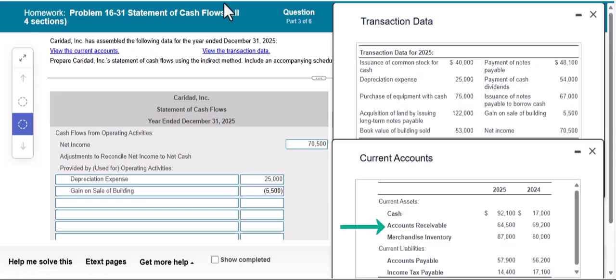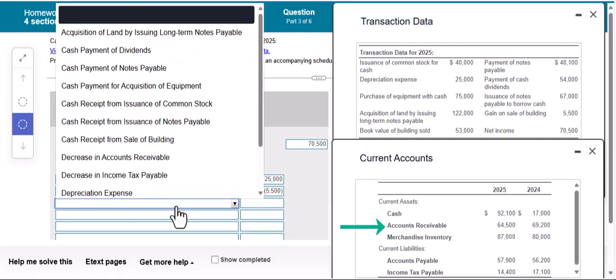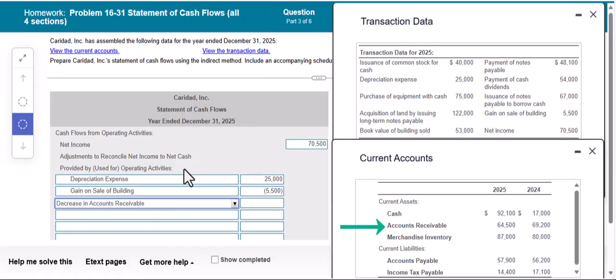So that is a decrease of $4,700. So we have a decrease in accounts receivable, since we are receiving payments to lower it. It is $4,700 positive, since we are adding that back in.